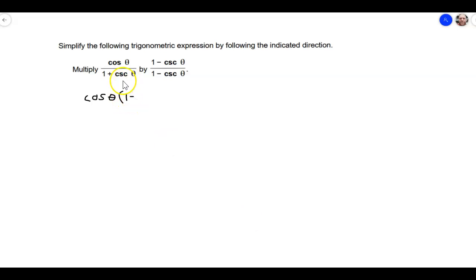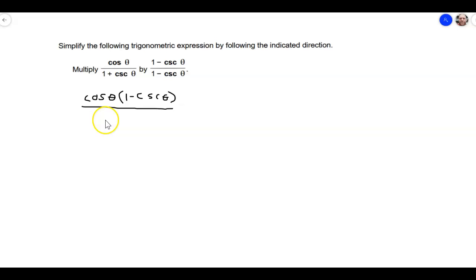1 minus cosecant of theta on the top, and then on the bottom, when we multiply something by its conjugate, often we're going to get the difference of squares. And when you have an a plus b times an a minus b, you get that nice difference of squares product where you get a squared minus b squared.